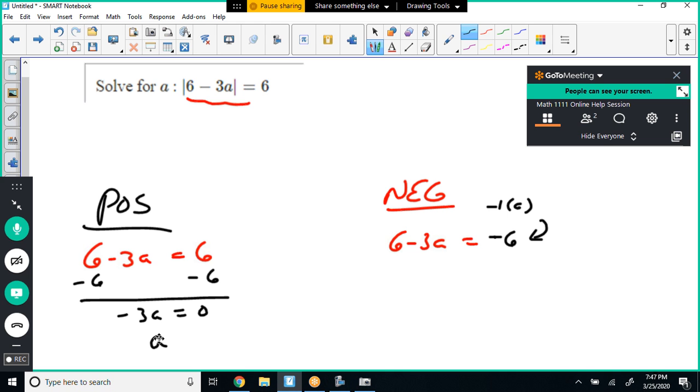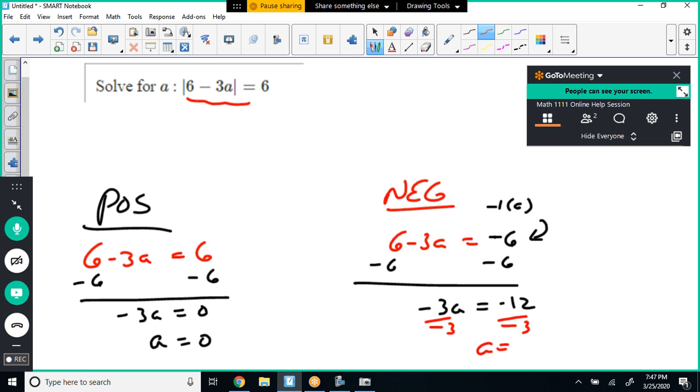So that's 0, so A equals 0, right? And then from here, A is equal to 4, right?